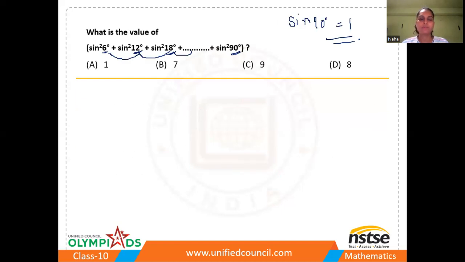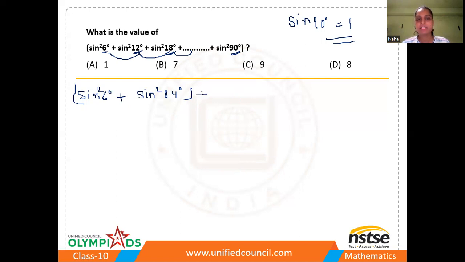Yes, I know the value of sin 90 degree, so I can make pairs where the addition is equal to 90 degree. Sin square 6 degree can make a pair with sin square 84 degree, because 6 plus 84 is equal to 90.